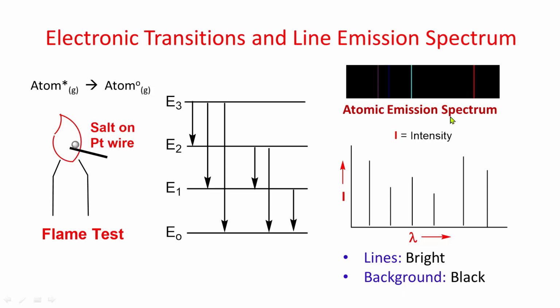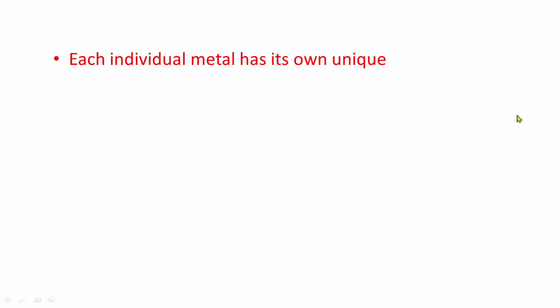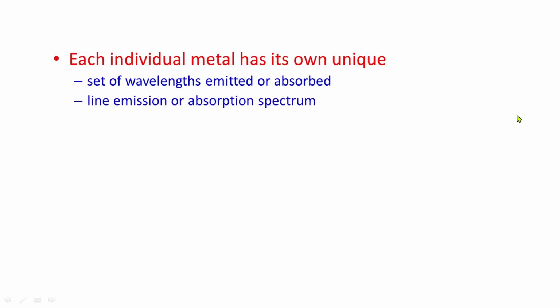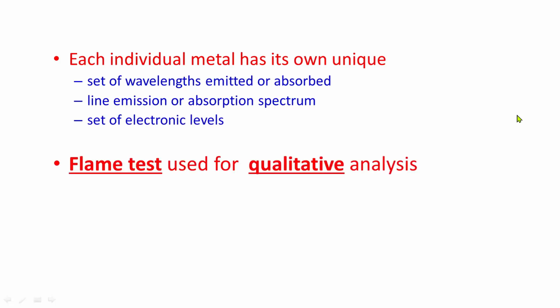We will get an atomic emission spectrum. Each individual metal has its own unique set of wavelengths emitted or absorbed, a line emission or absorption spectrum, set by its electronic levels. Flame test is used for qualitative analysis.